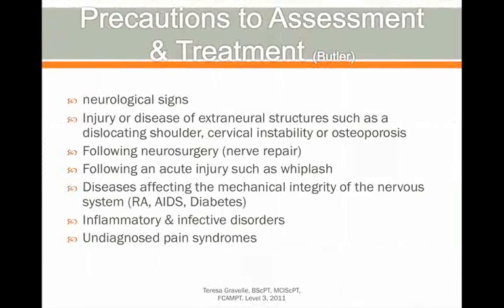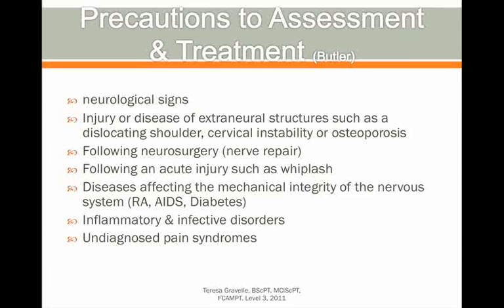Let's look at some of the precautions to assessment and treatment. If they have any neurological signs, if there has been a recent injury or disease of the extraneural structures such as a dislocating shoulder, cervical instability, or osteoporosis, any time following neurosurgery, especially for a nerve repair, following an acute injury such as whiplash, and diseases affecting the mechanical integrity of the nervous system such as rheumatoid arthritis, AIDS, and diabetes, any sort of inflammatory or infective disorder, and any undiagnosed pain syndromes.